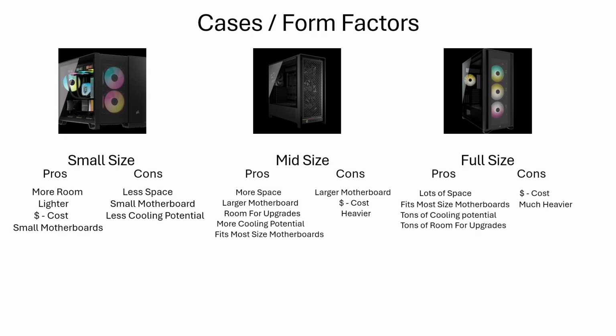My computer personally, I have 2 SSD mounting slots. I have 2 hard drive mounting slots, and then I have a full-size motherboard in my computer. So I have 2 PCIe slots and I have 2 SSD slots on the motherboard.